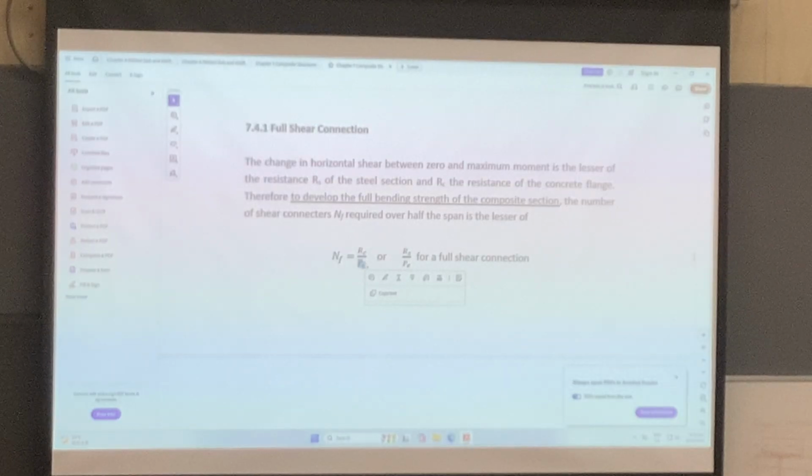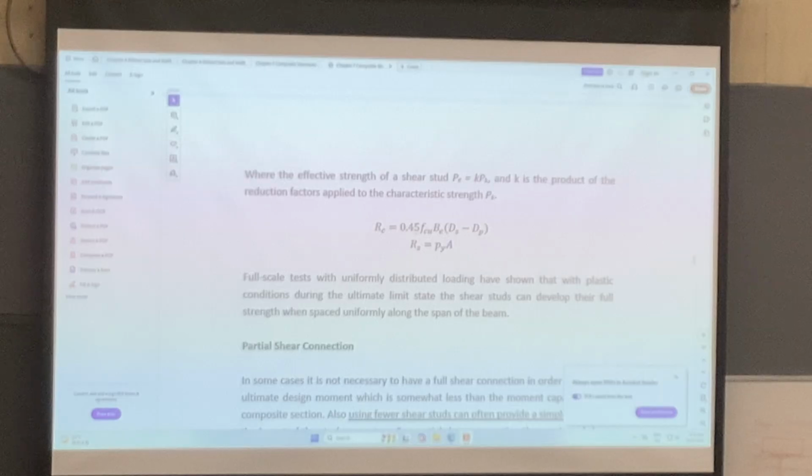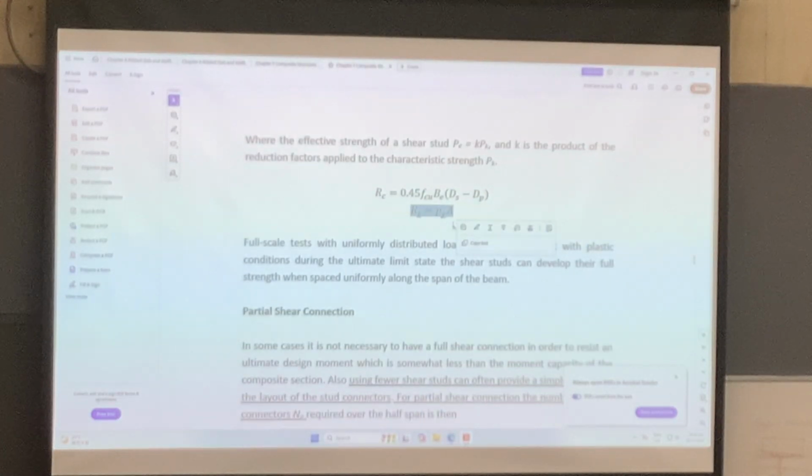If in the compression you have 100, each stud can take 10, then you need to arrange 10 studs right there, right? So this is the concrete capacity, and then this is the tension capacity.